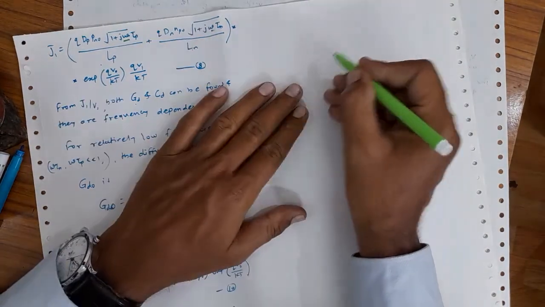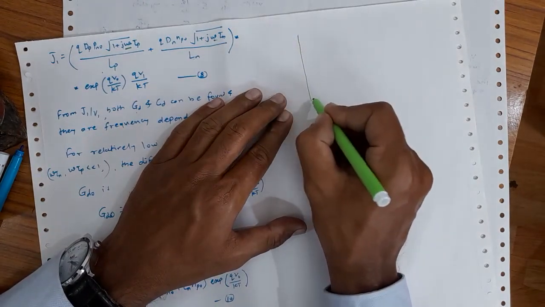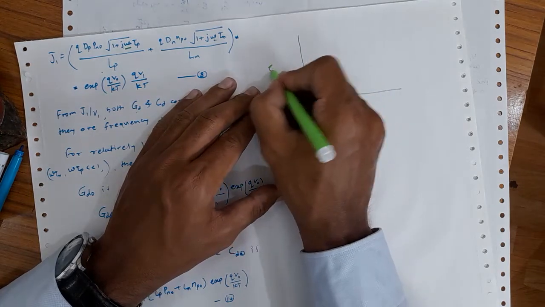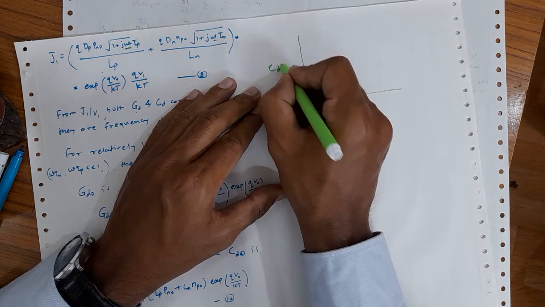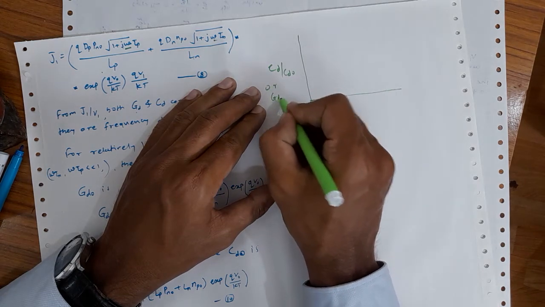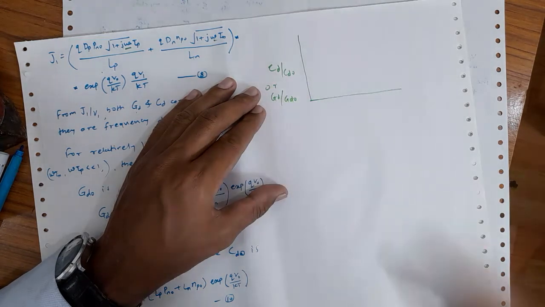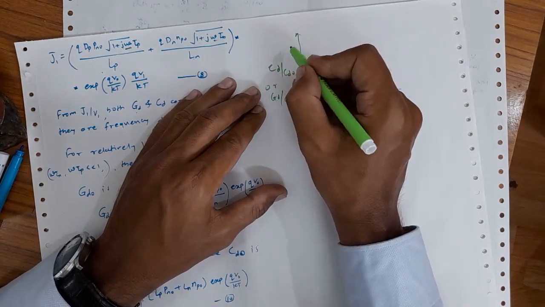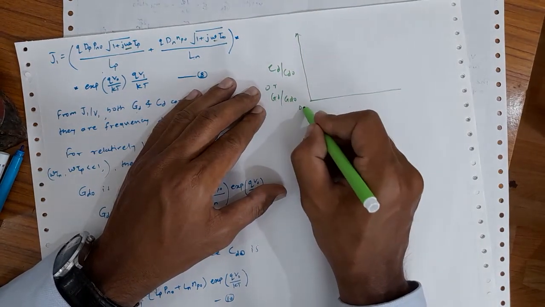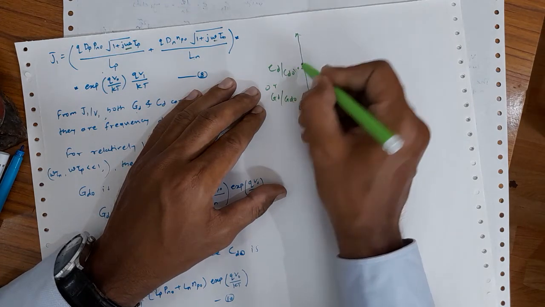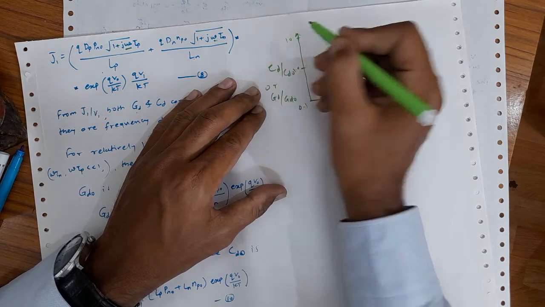And how we get the graph for it: that is CD by CD0, this is normalization, or else GD by GD0. So that is the amplitude. It is a log normal graph, with 1.0 and 10 here.